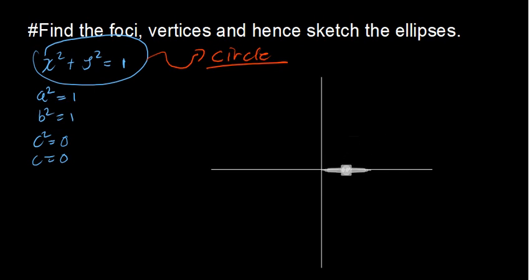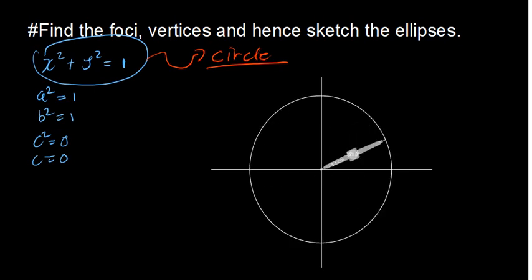Okay, I can pin it at that point. Okay, I can take that as my radius. We are going to assume that's a 1, so it will be something like that, and that's our circle. Okay, so that's how we answer those questions on the ellipse.